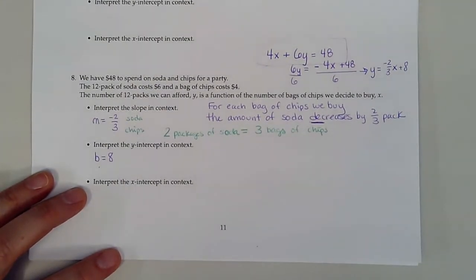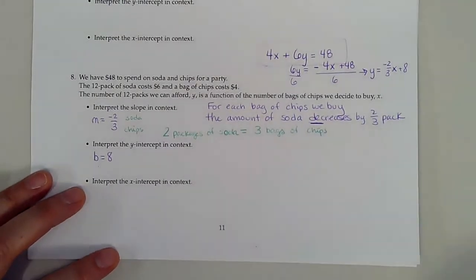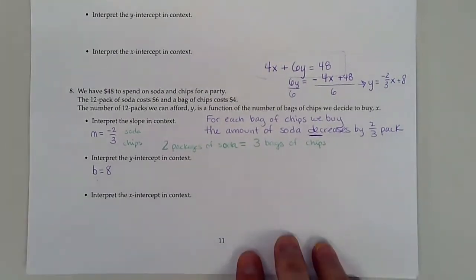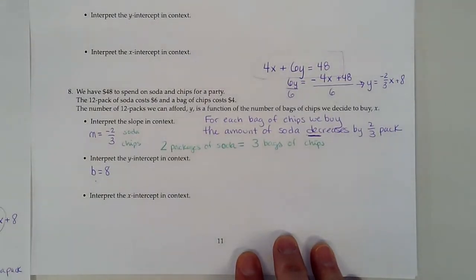It's kind of a way of looking at that. So anything that gets at this relationship is fine with me. What I'd like you to do is to go ahead and pause the video and give this a try. So I've already identified that y-intercept for you. So interpret that in context, then find the x one and give that a try.